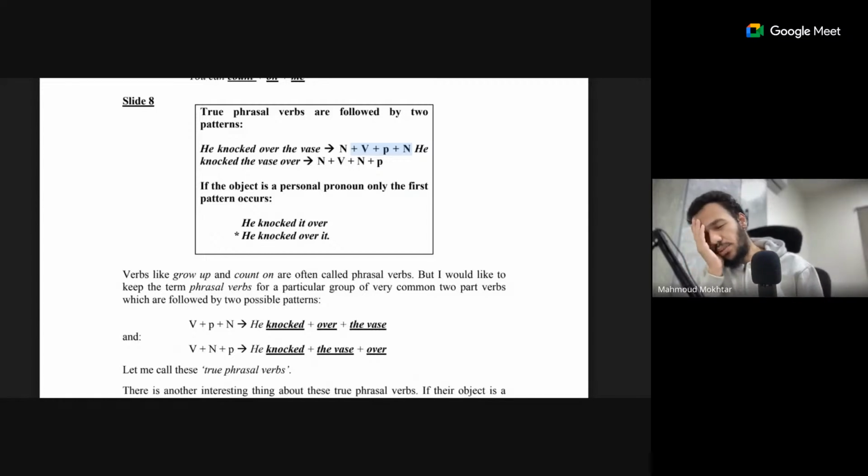So it cannot be you can count me on, like count on me, because me is a personal pronoun and it's the object.